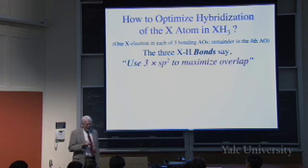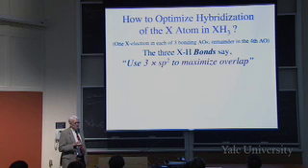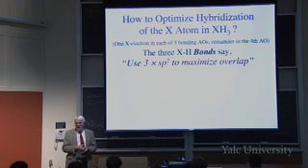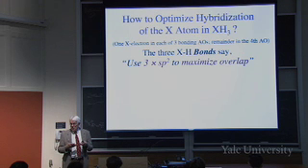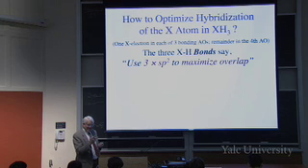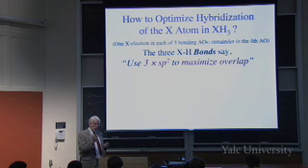Now let's first look at it from the point of view of the bonds. We want to make the strongest possible bonds. We want to maximize the overlap in the bonds. What hybrid gives the best overlap? sp. But we have to make 3 bonds, right? With sp, you can only make 2 bonds.